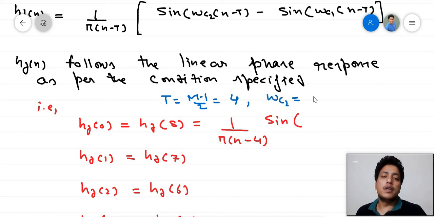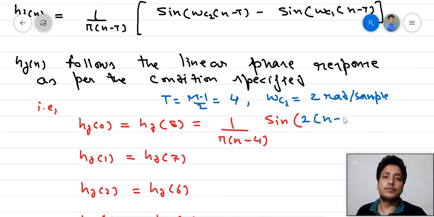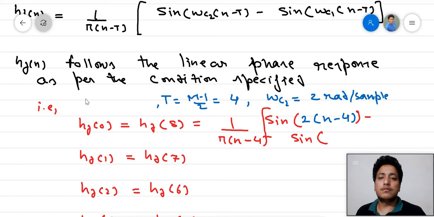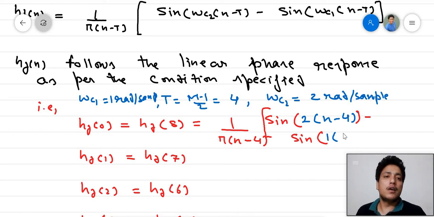Omega c2 is equal to 2 radians per sample, that is 2 (n minus 4), then minus sine omega c1. Omega c1 is 1 radian per sample, 1 (n minus 4).